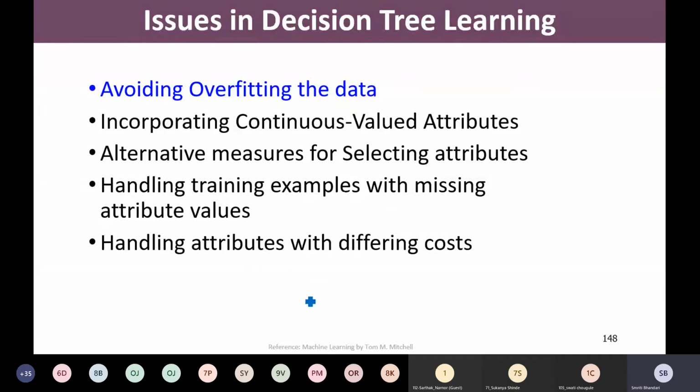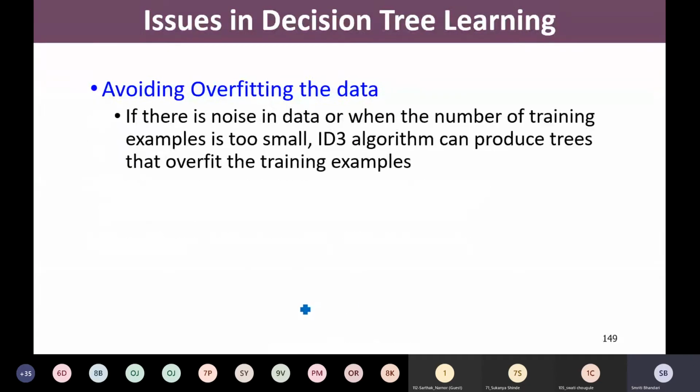So let us see now the first issue, avoiding overfitting the data. We know what we mean by overfitting. We had a lengthy discussion regarding this concept of overfitting. So what are the possible reasons for overfitting? If there is noise in the data, or if the number of training examples is too small, then the ID3 algorithm can produce trees that overfit the training examples.